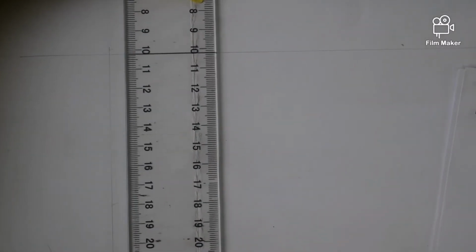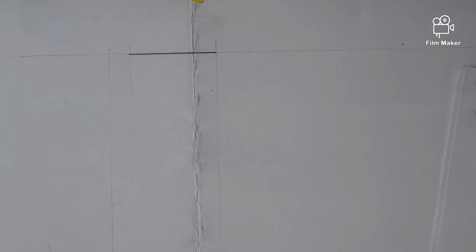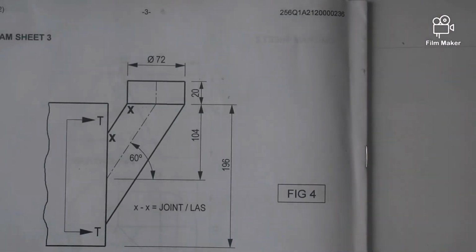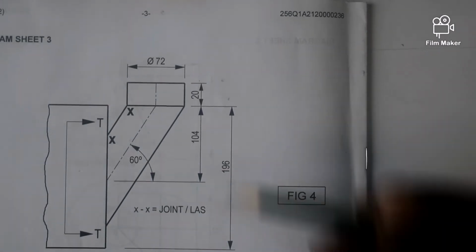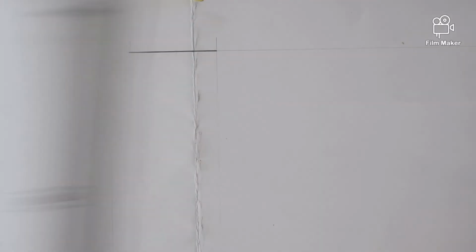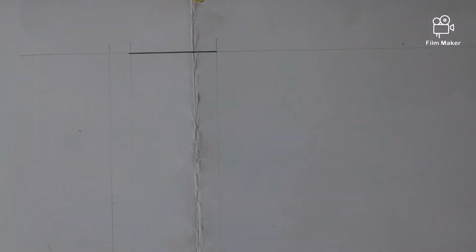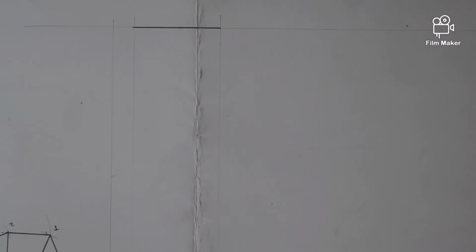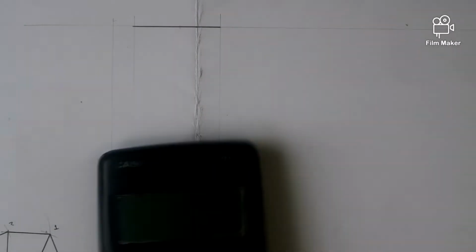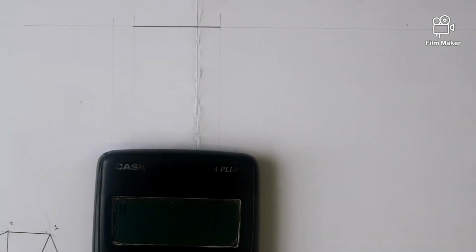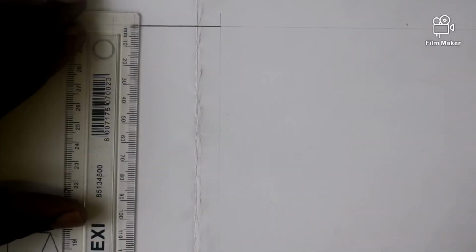It's this one, isn't it? So from here going down, I can record this dimension of 196. 196 divided by 2. Have your calculator. I am getting 98 millimeter.